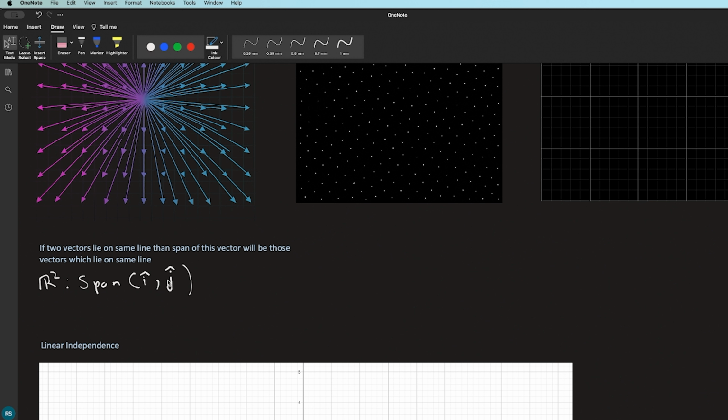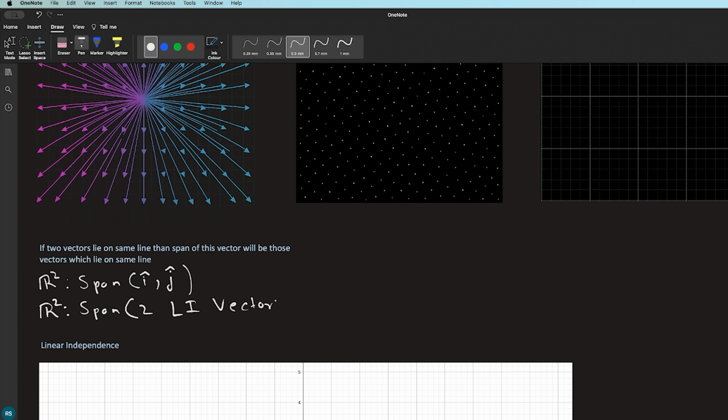You may be wondering why i and j, why the standard basis vectors, can't I write any other two vectors? Yes, my friend, you can write any two vectors, but it has some condition. So let me write another condition here for the R2 plane, which is also equal to the span of two linearly independent vectors.